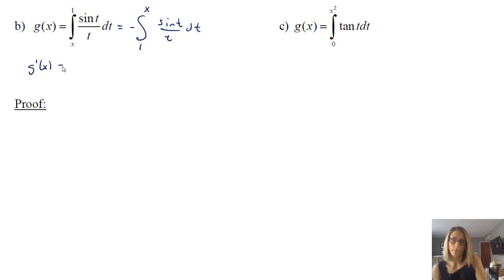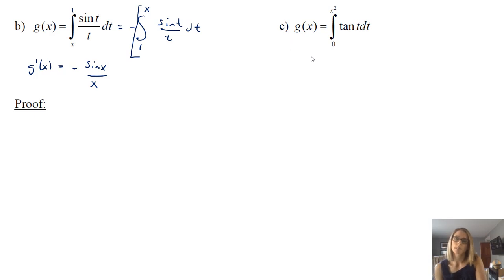So I have g prime of x, and we know that that is going to be, so I'm still going to have that negative because that's a constant on the outside, but basically taking this piece here, we know from the fundamental theorem that this is just going to be sine of x over x. And that's it. That's all it wants you to do.